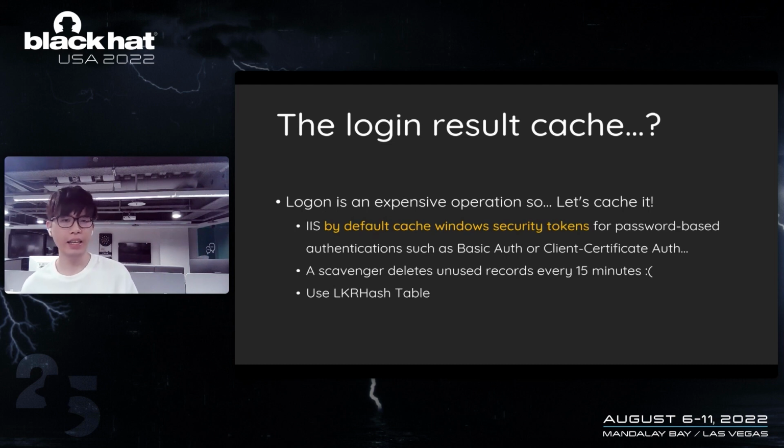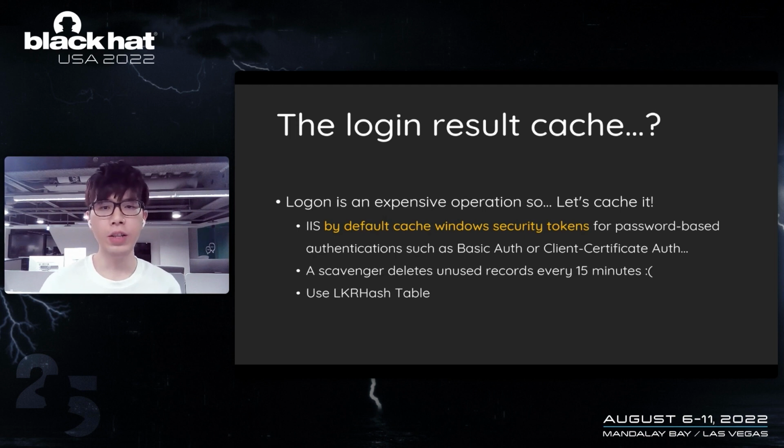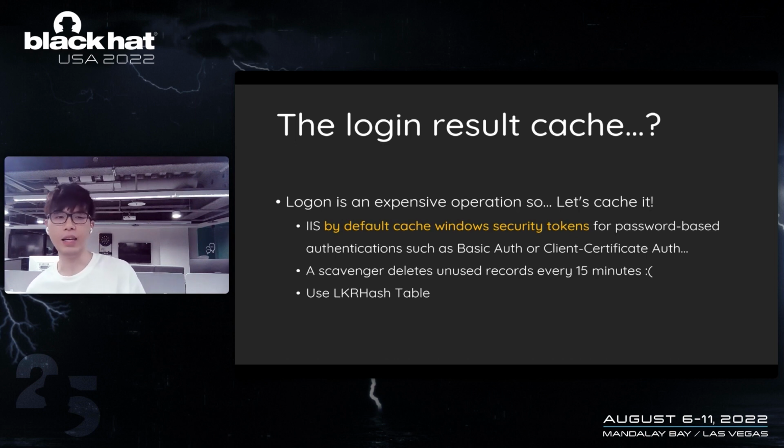First, logon is an expensive operation. To not reduce the performance, IIS caches all tokens for password-based authentication by default. The implementation uses the LKR hash instead of the tree hash table and configures a scavenger to delete unused records every 15 minutes.